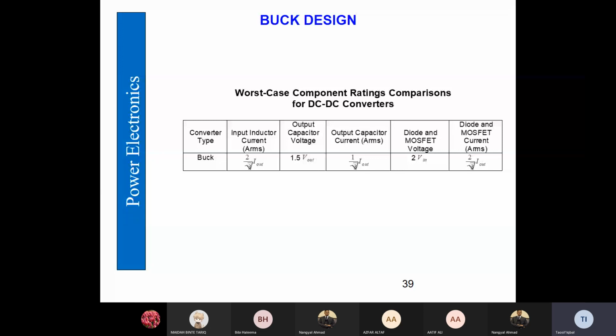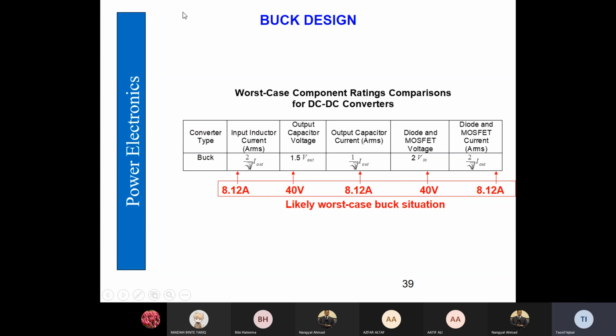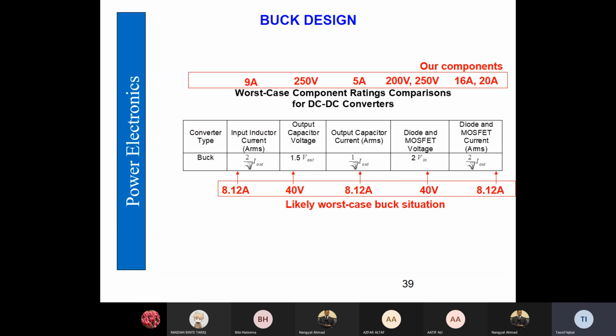And then we have found out the current ratings of all components as well as the voltage ratings of all the components. So for inductor current, we have selected 9 amperes. For capacitor voltage, we have selected 250 volts. For output capacitor, we have selected 5 amperes.